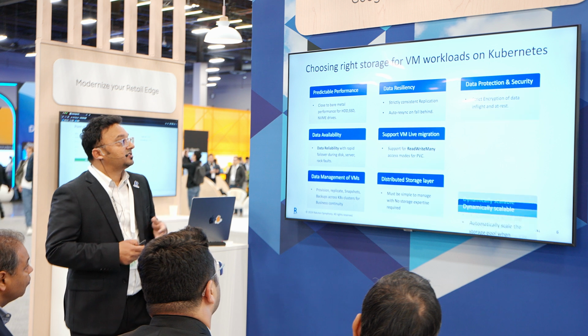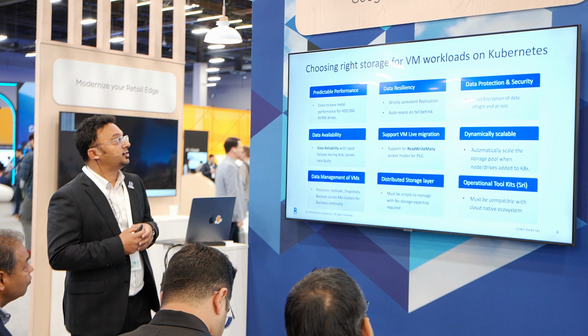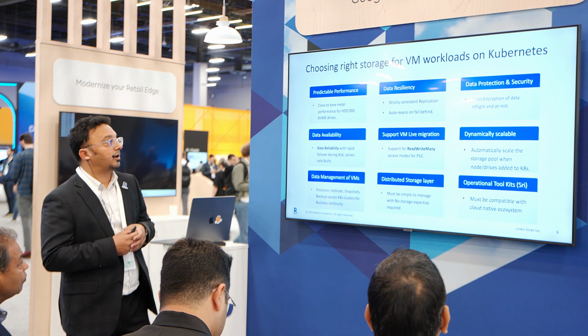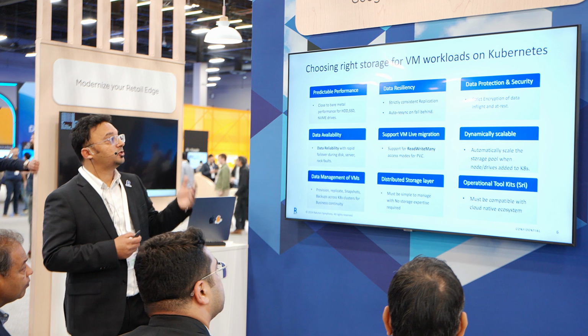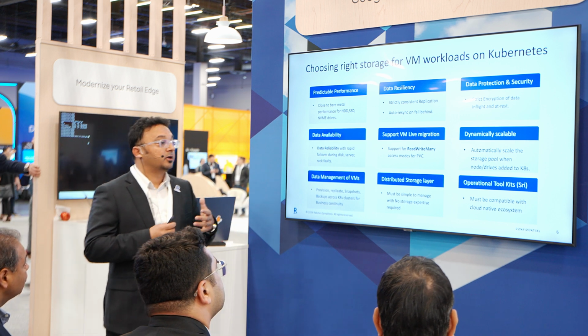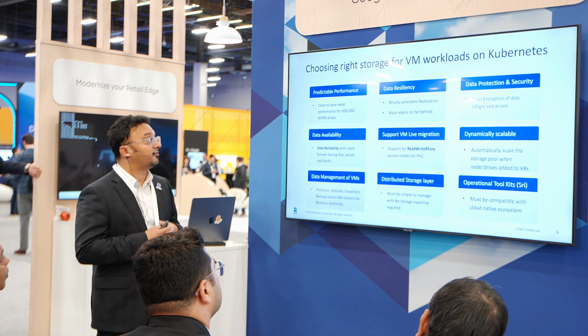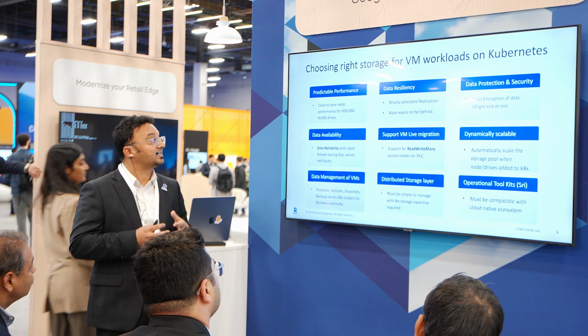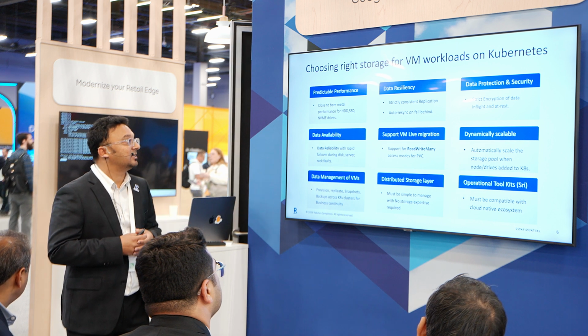So some of the key considerations one has to weigh when choosing the right storage solution for making your journey towards making the VM more cloud native is to make sure the storage stack you're choosing is predictable in performance. It supports heterogeneous kinds of media types: HDDs, SSDs, NVMEs.